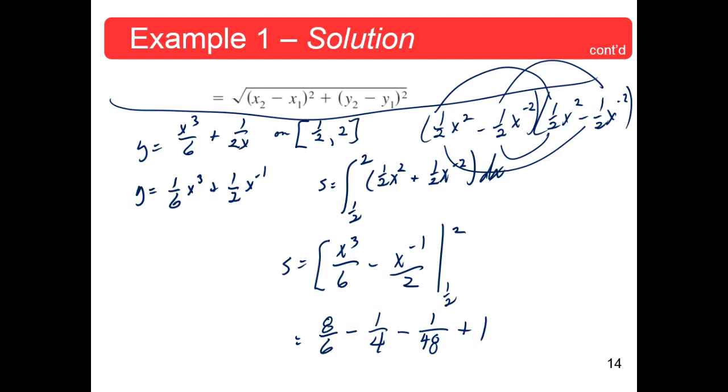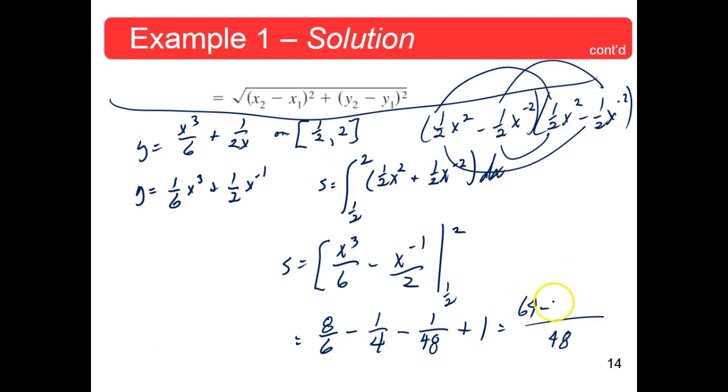Okay. Isn't this fun? All right. Don't know if we really want to reduce the 8/6 because least common denominator is 48, isn't it? Will 6 go into 48? Yeah. Okay. So that'll be 48. And that would be 64, right?